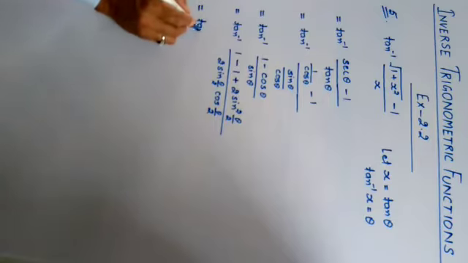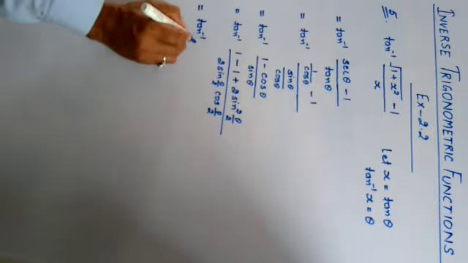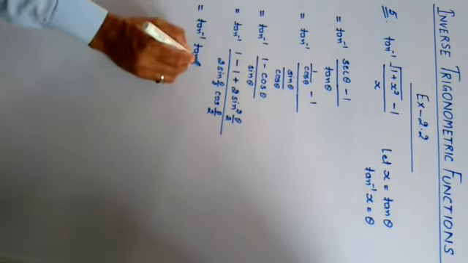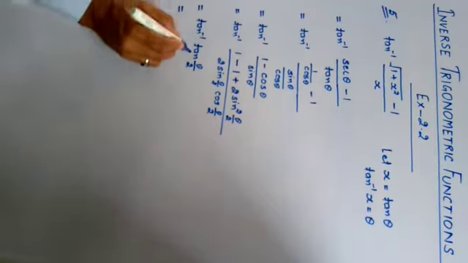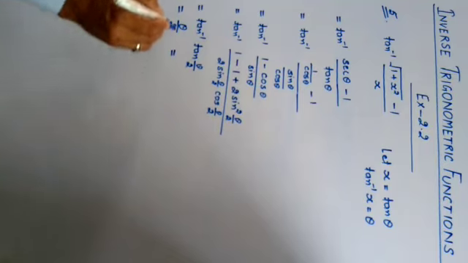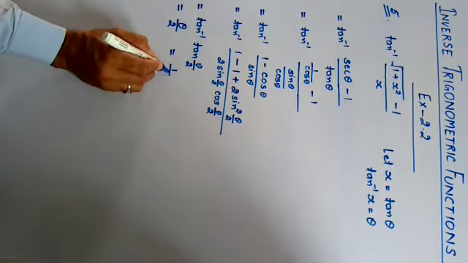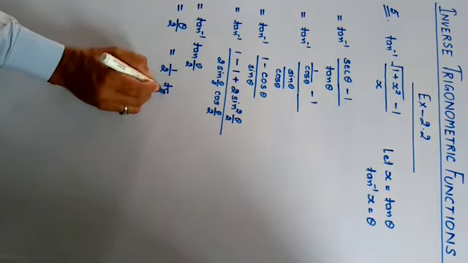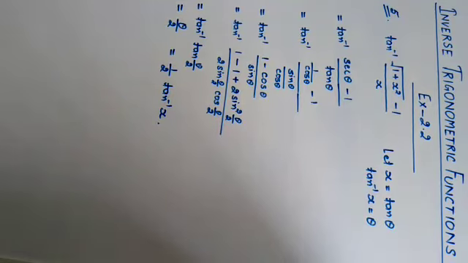So it will be tan inverse of sin theta by 2 upon cos theta by 2, which is tan theta by 2. Now tan inverse tan eliminate, leaving theta by 2, and in place of theta we will write tan inverse x. So the simplest form is half tan inverse x.